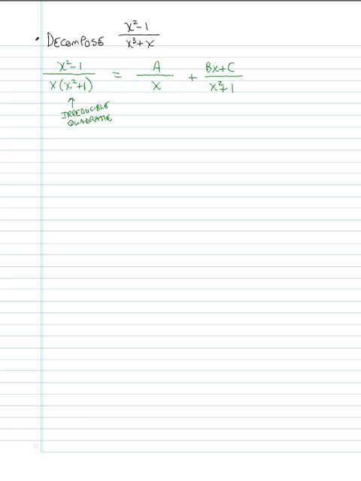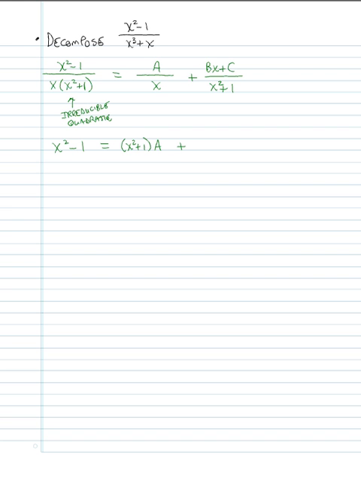So we'll multiply both sides by the expression x times x squared plus 1. And when we do, on the left side, we're left with just x squared minus 1. On the right, when we multiply the first fraction, the x's will cancel. We're left with x squared plus 1 times an a. In the second fraction on the right, the x squared plus 1 will cancel.